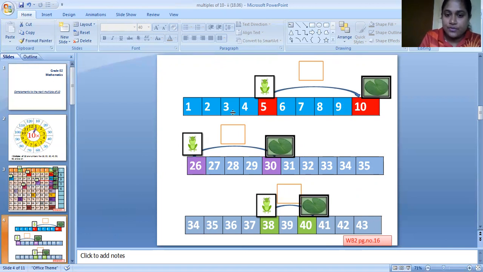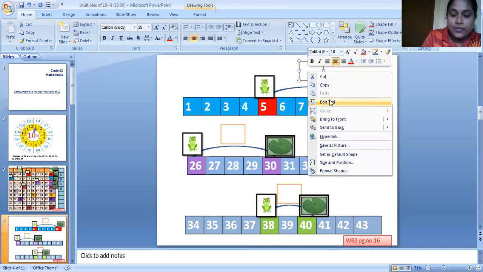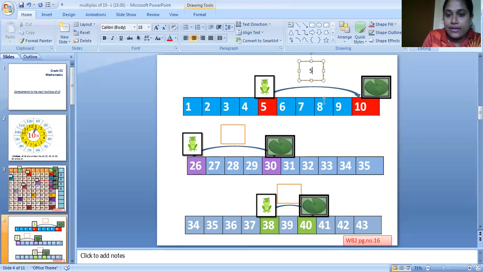Let's start. The frog is on number 5 and the lily pad is on number 10. So the frog has to do 1, 2, 3, 4, 5 jumps to find the lily pad next to him.